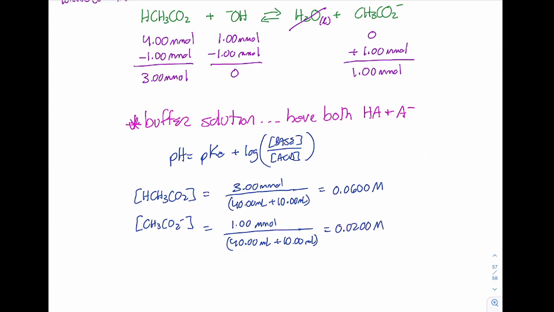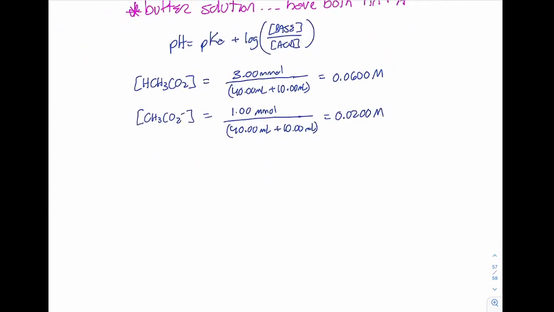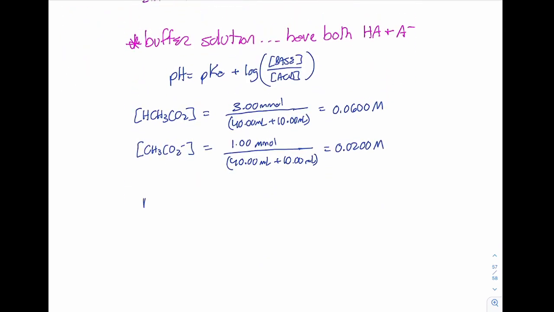So then those are the values that we're going to plug into our Henderson-Hasselbalch equation. I do need my pKa still. So my pKa is the negative log of my Ka, which is 1.8 times 10 to the negative fifth, which comes out to be 4.74.